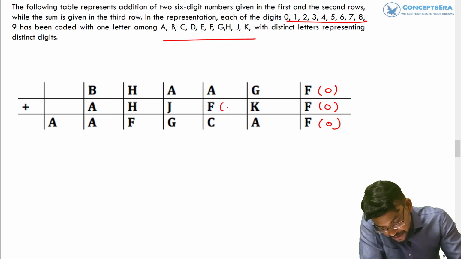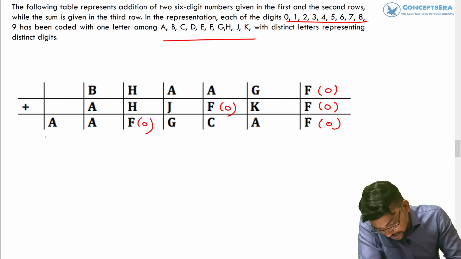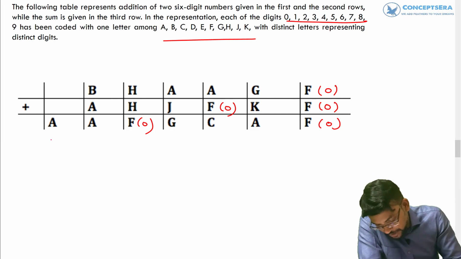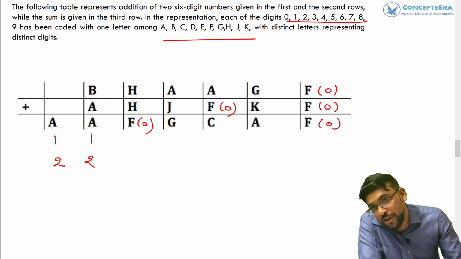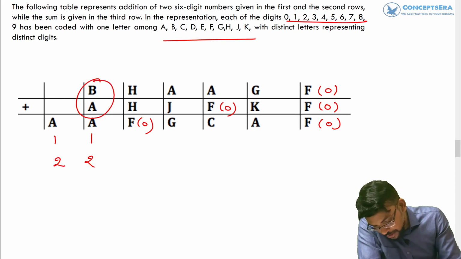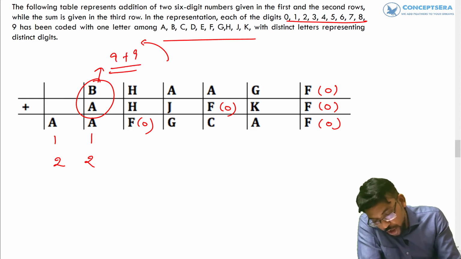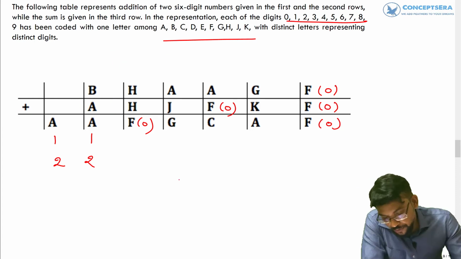So now in the place of F, we can put 0. Now if you see A here, A can be 11 or it can be 22. 33 is anyway not possible here because the maximum possible summation which we can get is 9 plus 9, and carryover cannot be more than 1.